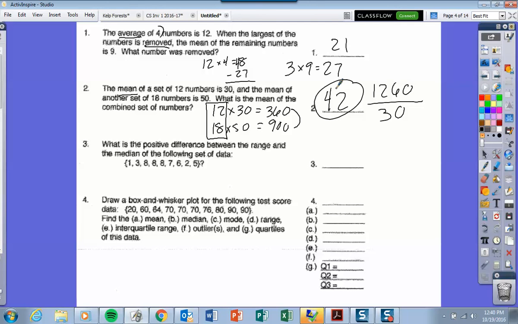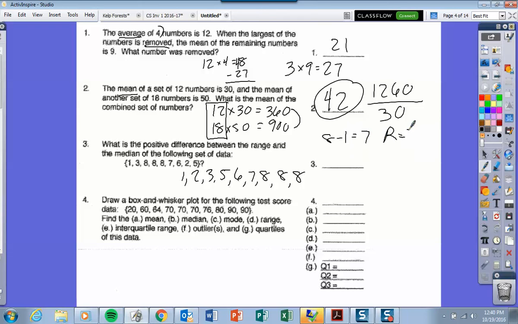What's the positive difference between the range and the median of the following sets? Well, in order to find the range and the median, I need to order my numbers from smallest to largest. So I redo that, say 1, 2, 3, 5, 6, 7, 8, 8, 8. The range is the difference between the highest and the lowest, so 8 minus 1 equals 7.